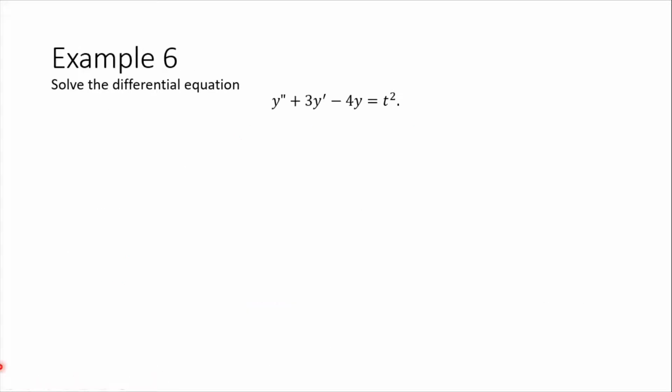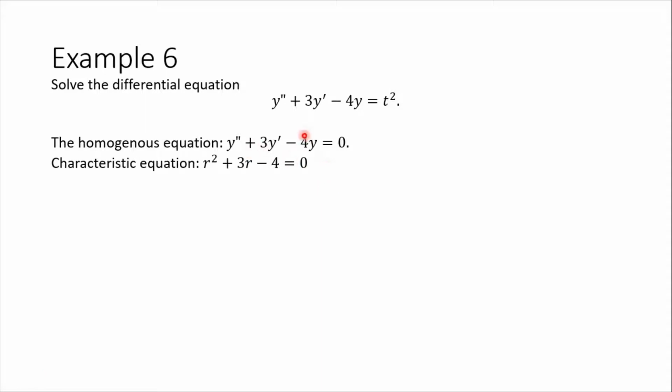All right, let's see an example. The first one is on the right hand side we have a polynomial. This is a polynomial of degree 2. And of course for this one we have to find the homogeneous solution first. Homogeneous equation, the right hand side is 0.